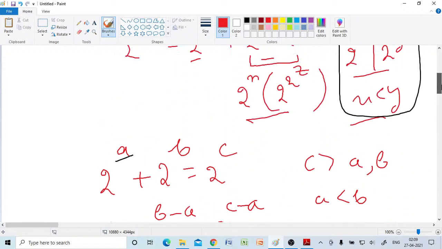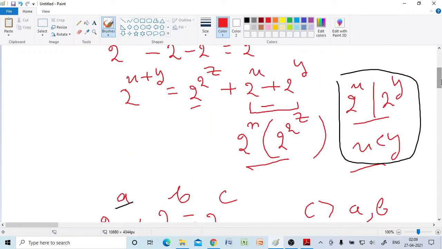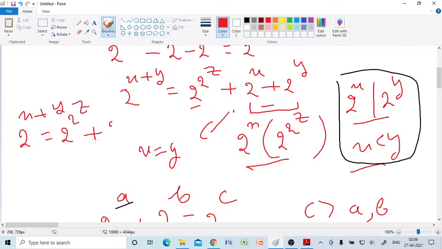So we can understand that this thing is possible only if x equals y. Okay? So if x equals y, what do we get? Again, the same thing. x plus y equals 2 to the power of 2 to the power of z plus 2 to the power of x plus 1. Again, basically the same idea: 2 to the power of z is equal to x plus 1, and this is possible.